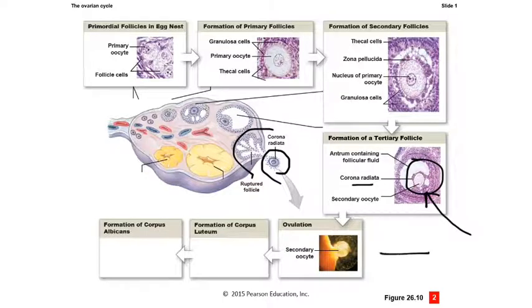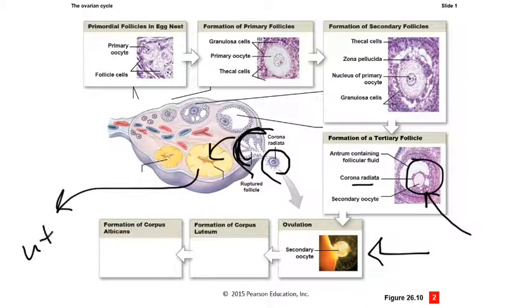And here's an actual micrograph of the eruption. What is left behind, all these other granulosa cells and thecal cells, will now become the corpus luteum. The corpus luteum is going to be making some hormones. Those hormones are going to be traveling down to the uterus and telling the uterus, hey, I just released an egg.